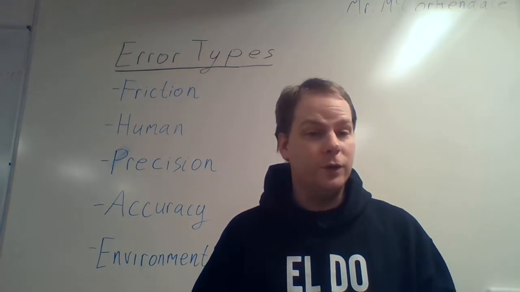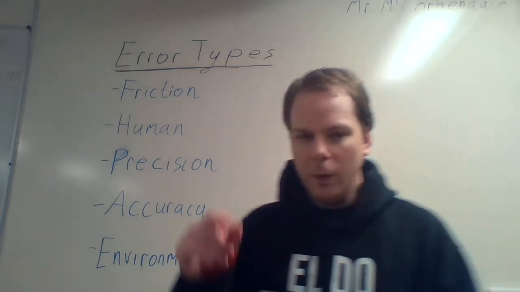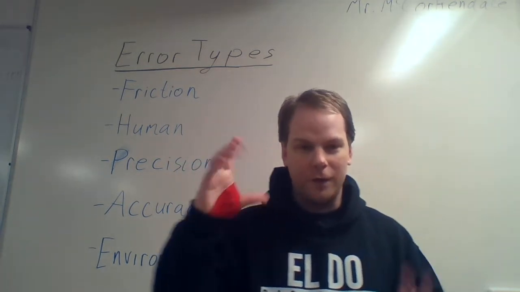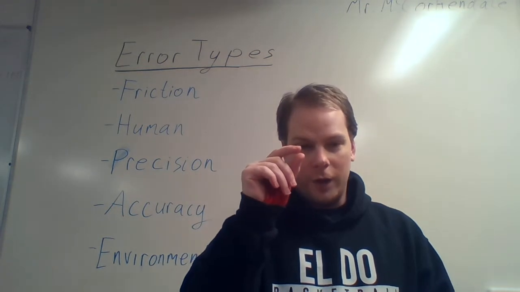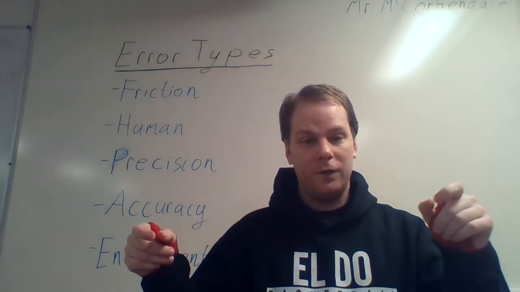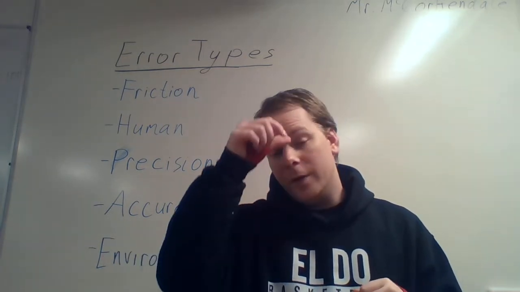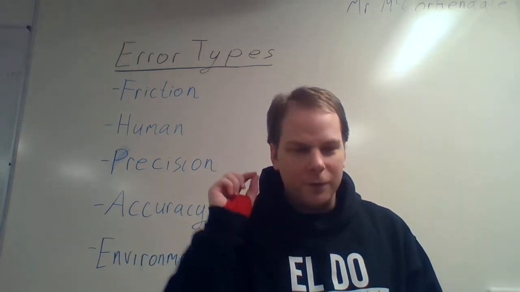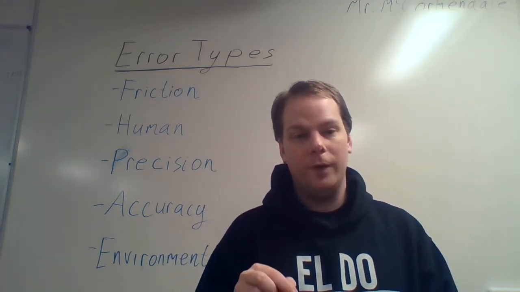Another example of friction would be on the force tables experiment. We had that little target in the center of the table, and that target had to move around as you balanced the three or four hanging masses. There is just a small amount of friction between the target and the table itself.